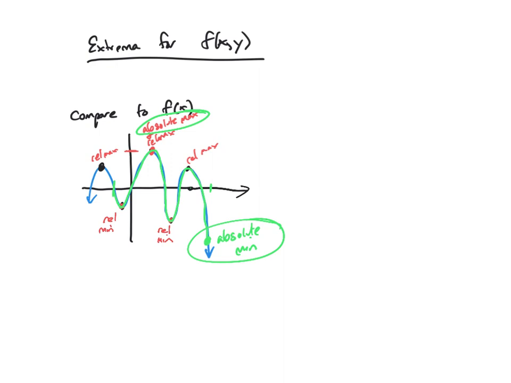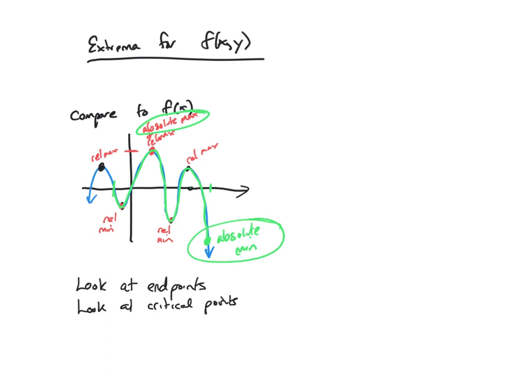So what we do when we're looking for absolute max and min when we have a function of one variable is that we look on the boundary. In other words, we look at the end points, and we also look at any critical points.